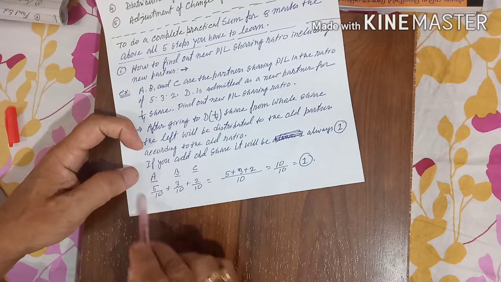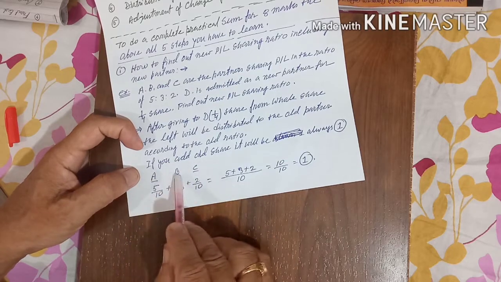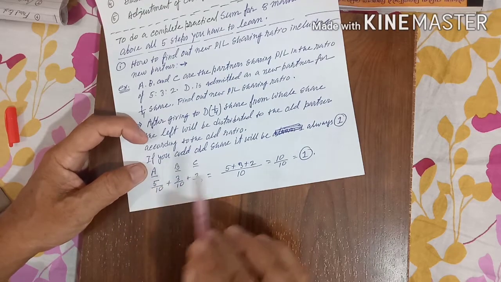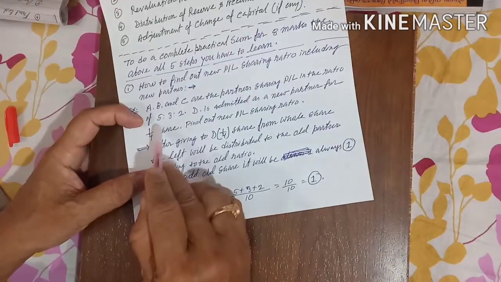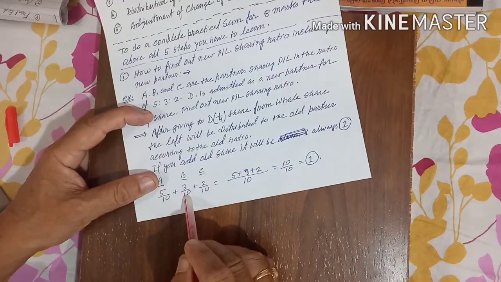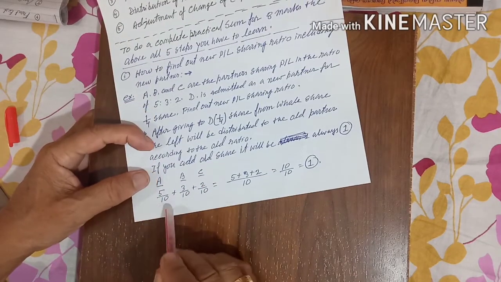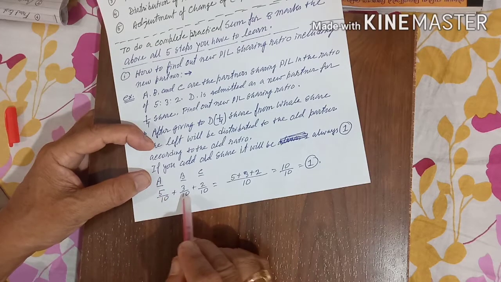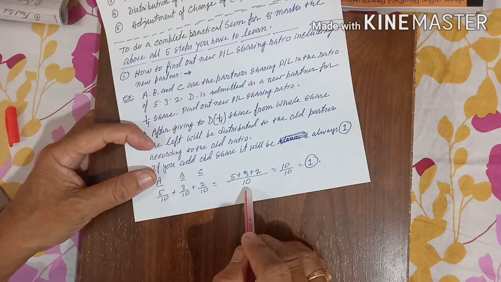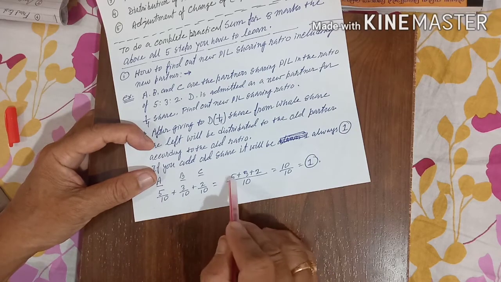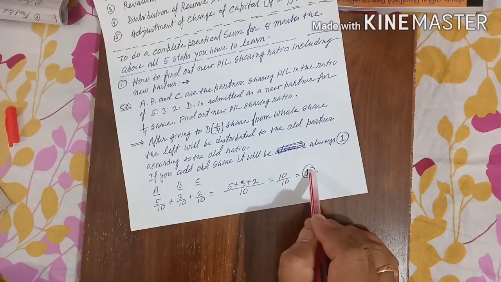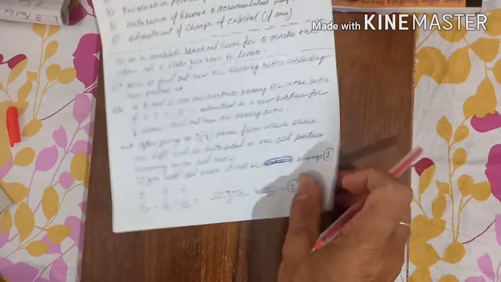If you add the old shares of A, B and C, already you know the difference between ratio and share. 5:3:2 is called the ratio. 5/10, 3/10, 2/10 is called the share. If you add A plus B plus C, it should always be 1. The LCM is 10, and 5 plus 3 plus 2 is 10/10, which is 1.